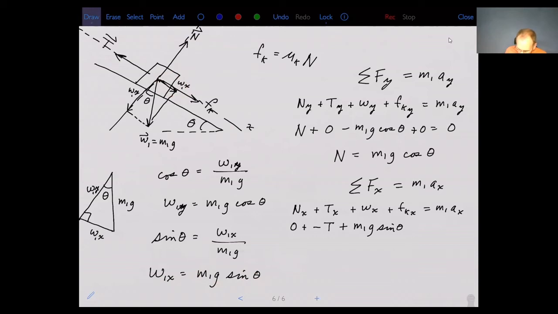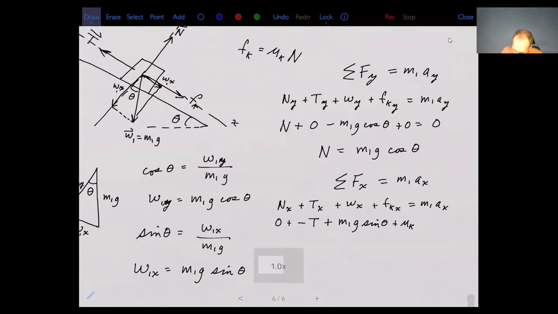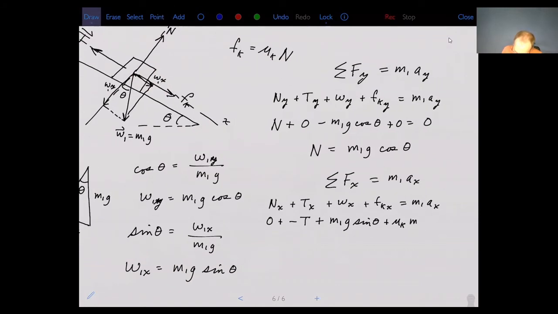And then what about the frictional force? Well, it's also all in the positive x direction. But remember, it's equal to mu k times N, right? The frictional force is mu k times N. So this is going to be plus mu k, and for N we just found from above, it's m1g cosine theta, equals, and now what is the acceleration in the x direction?